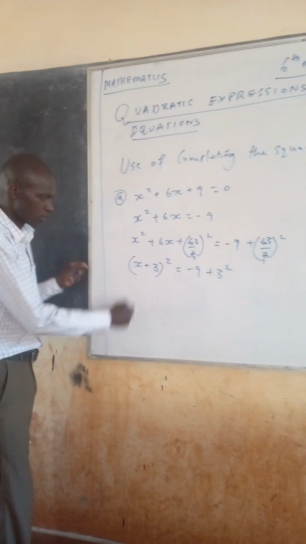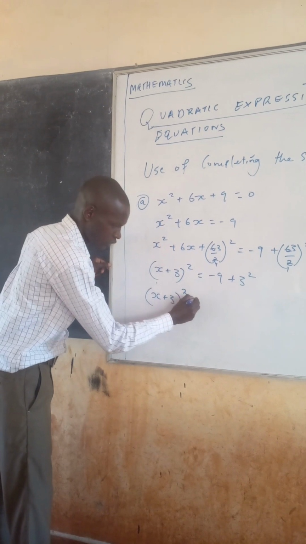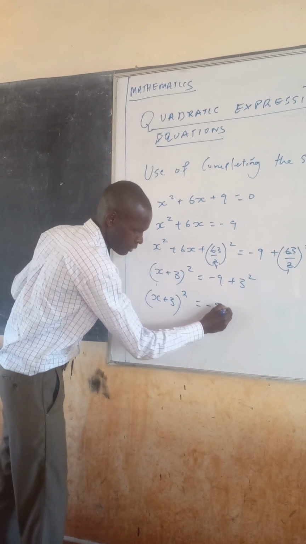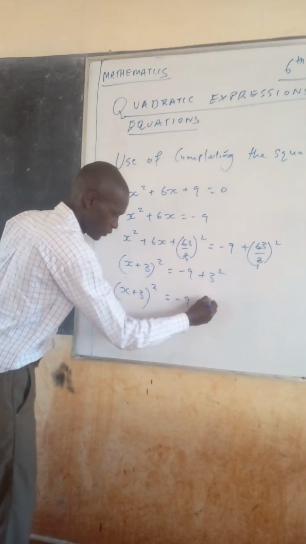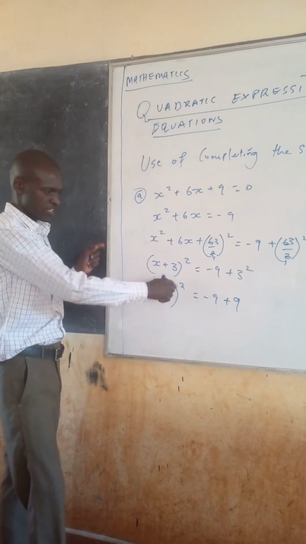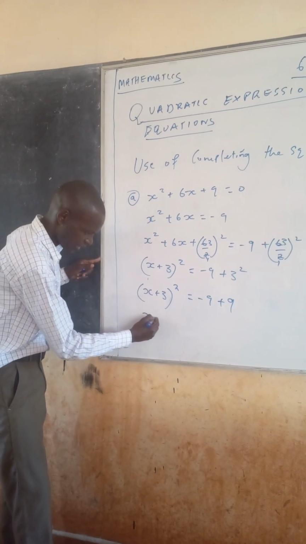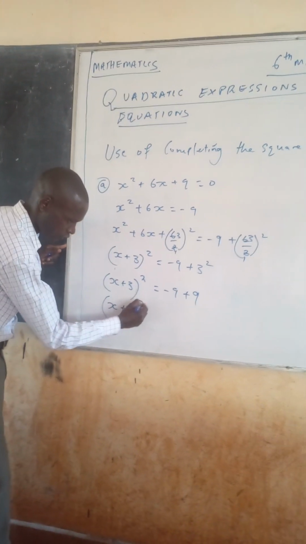So x plus 3 raised to the power of 2 is the same as negative 9 plus 9. Negative 9 plus 9 gives us 0, so x plus 3 raised to the power of 2 is equal to 0.